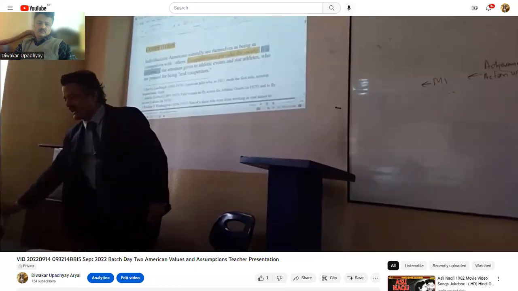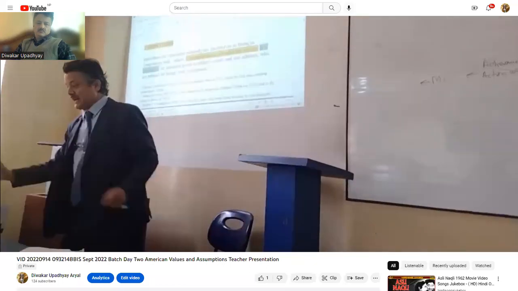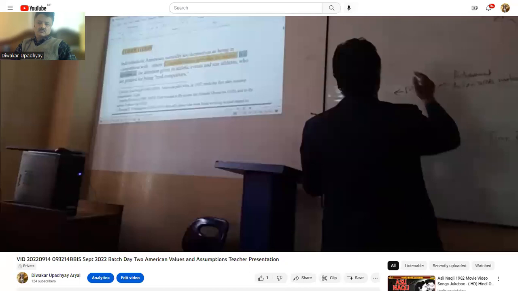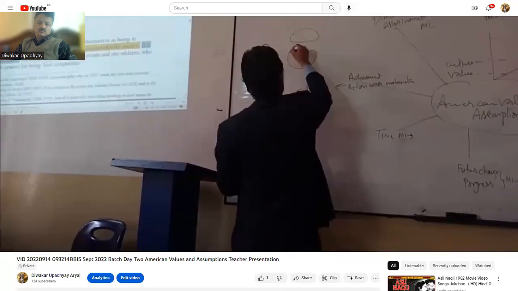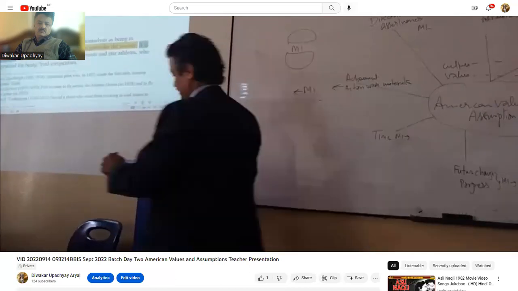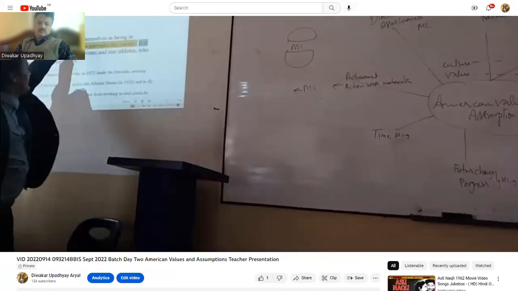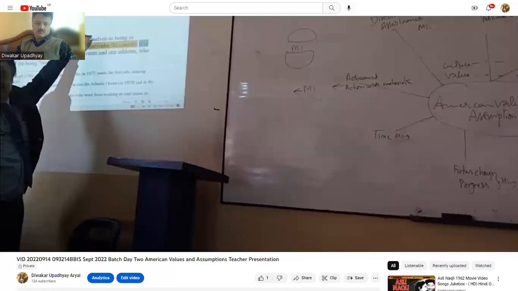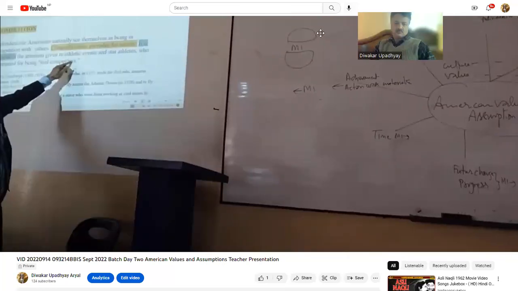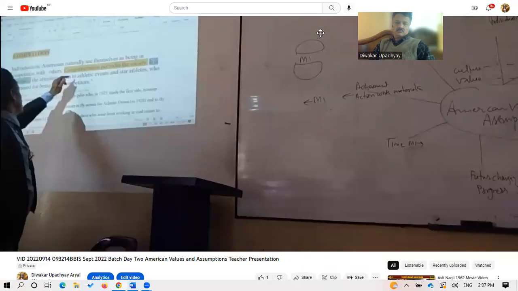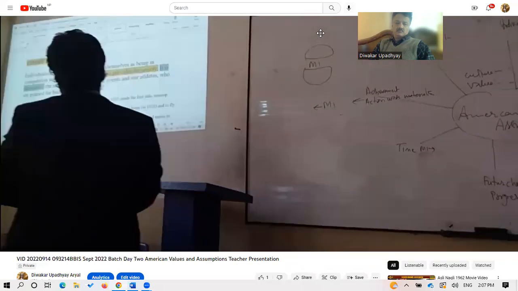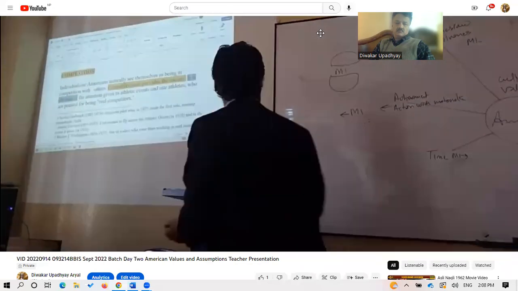Competition. Look, main idea. Now look at this paragraph. This is what you call a sandwich paragraph. Detail, main idea. Look here. The bun, the salad. Individualistic Americans naturally see themselves as being in competition with others.